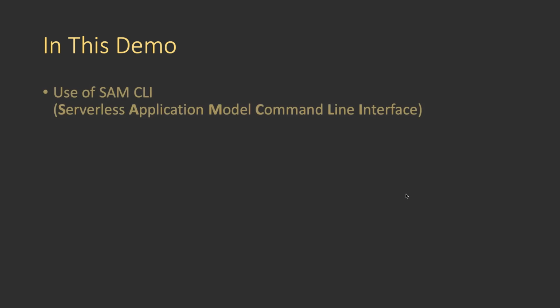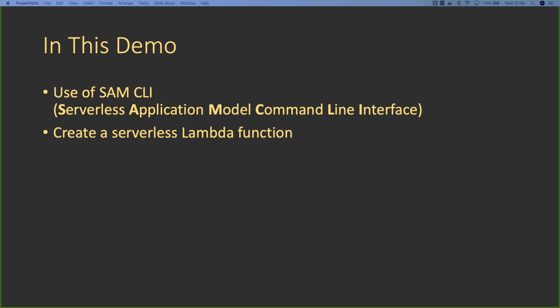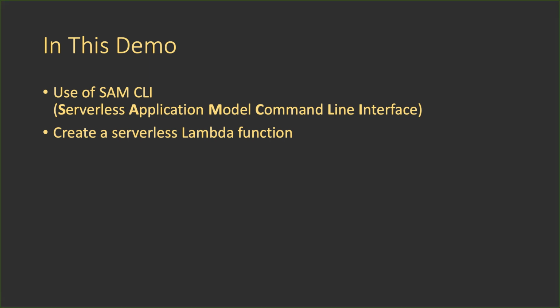What have we learned with this demo? We have seen the use of the SAM CLI, that means the Serverless Application Model command line interface. We have created our first very simple but functional Lambda function.